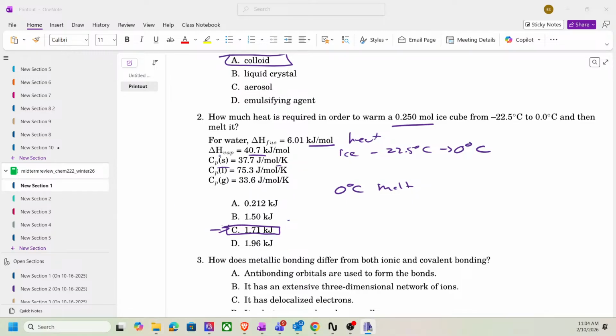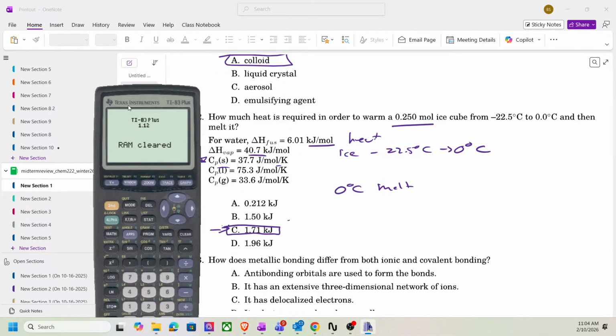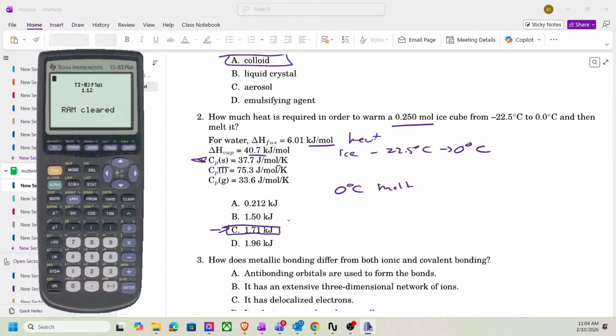And so then we need to look at our specific heat, so this is our heat capacity for heating our ice. Again, it's given in moles this time, unlike what we saw previously. So 0.25 times our heat capacity of ice, 37.7, times our change in temperature, 22.5.